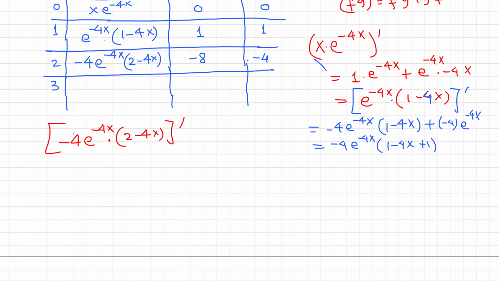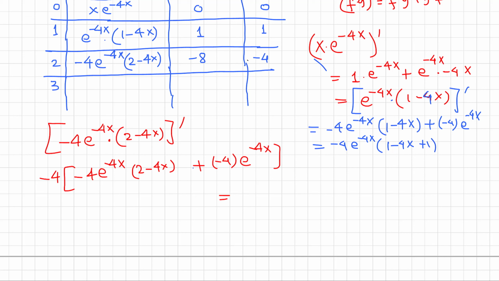Here is a product. So negative 4 we can pull all the way outside. Now we can think as a product. Derivative of first factor is negative 4 e to the negative 4x, leave second alone, plus derivative of second factor is 0 minus 4, negative 4 times first. I pull the negative 4 outside.